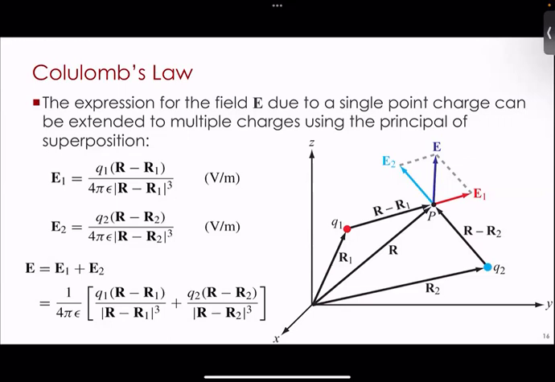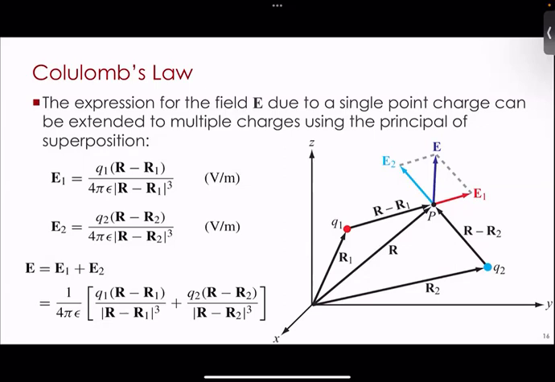You can see from these arrows up here, P is the point at which we want to figure out what the electric field is. Q1 is going to have an electric field pointing in the red arrow direction labeled E1, because it points away in all directions from Q1, if it's a positive charge. We don't care about all directions.